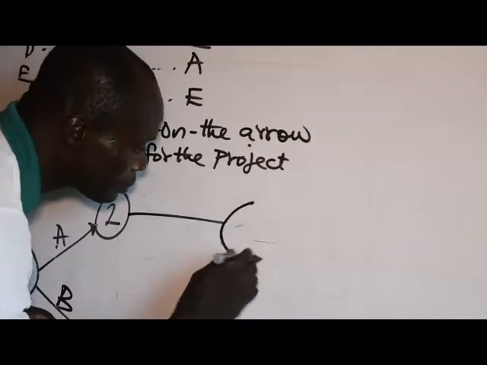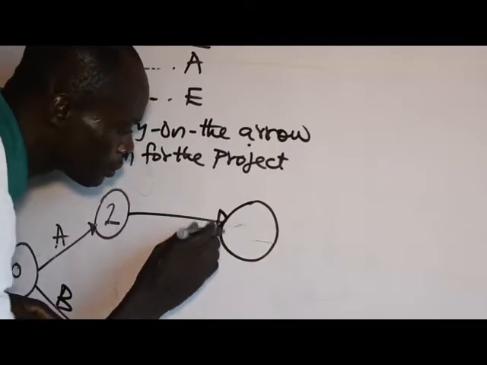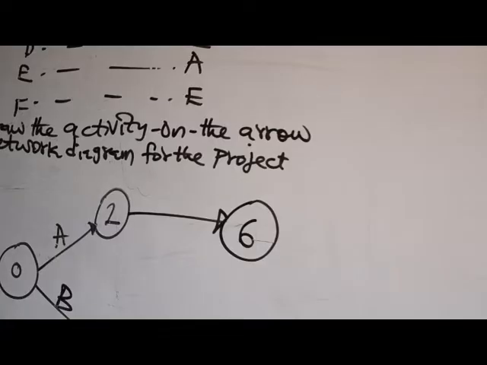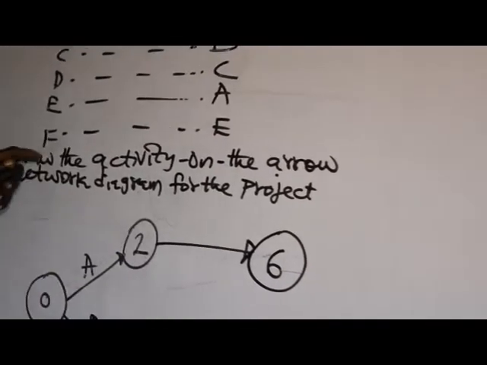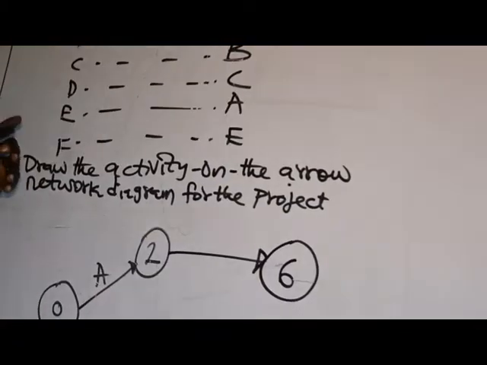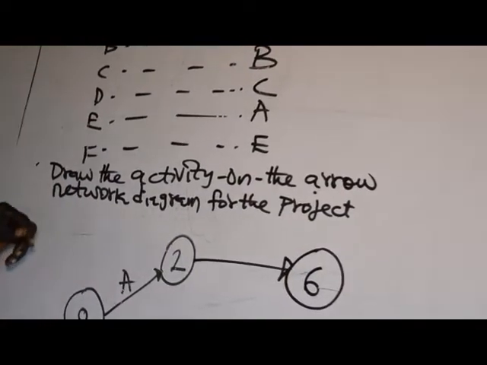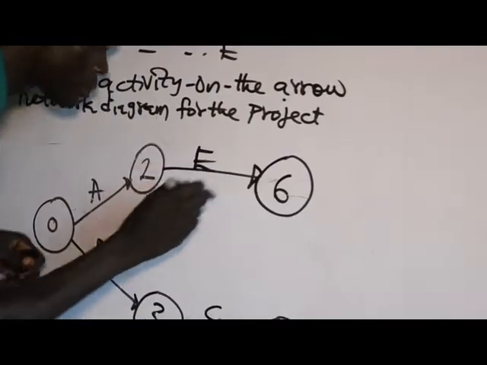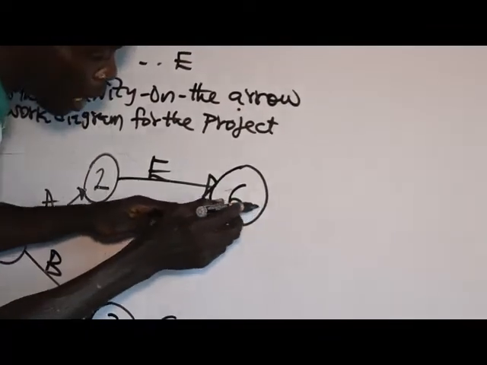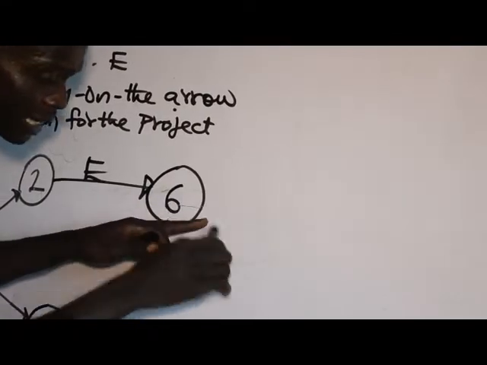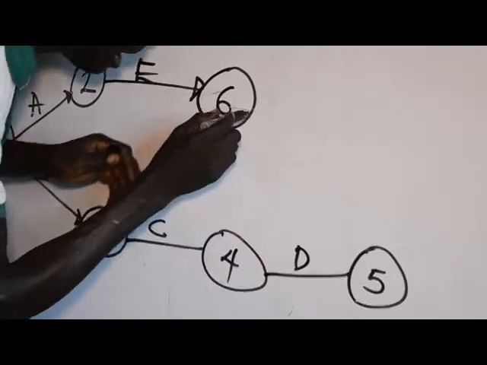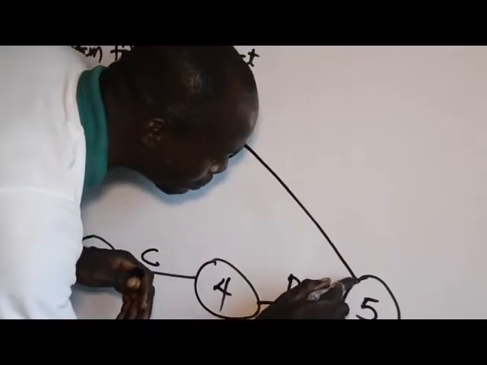E. Then let's have this to be number 6, since the last number was number 5. From E we have F coming up. Now we want to draw F. This is where this number stopped, so you can draw F to go and meet it here.